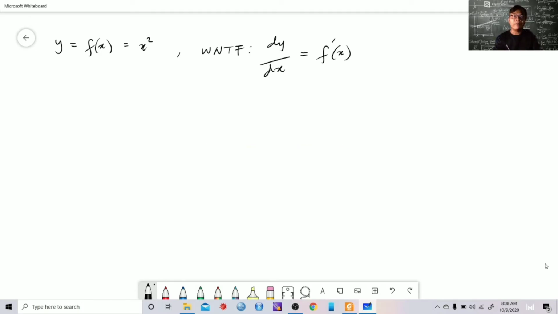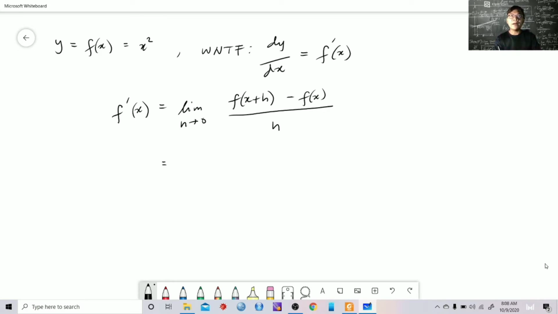For our definition of f prime of x, we have the limit as h approaches 0 of f of x plus h minus f of x all over h.